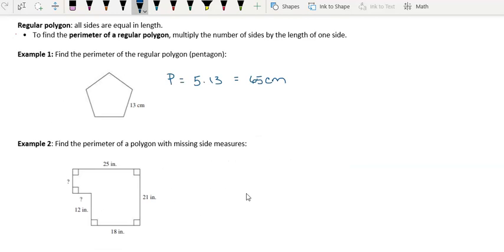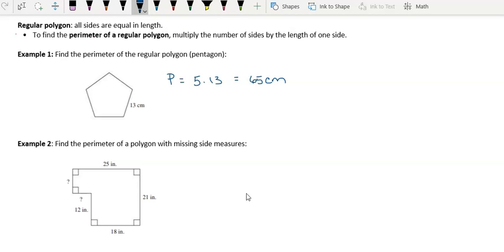The next example is to find the perimeter of a polygon with a missing side, and you have to take into account the shape and the angles. So if each of these are 90 degrees, which is what they're saying by these little squares in the corners, they're saying that these are right angles, then that means that these are rectangular shapes.